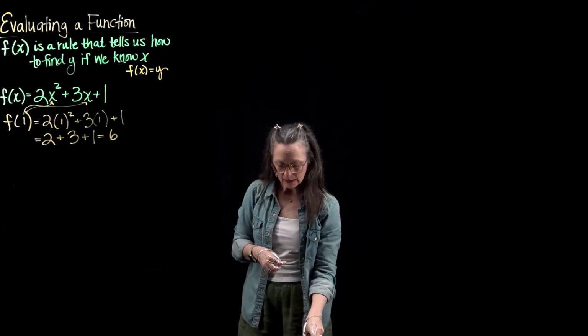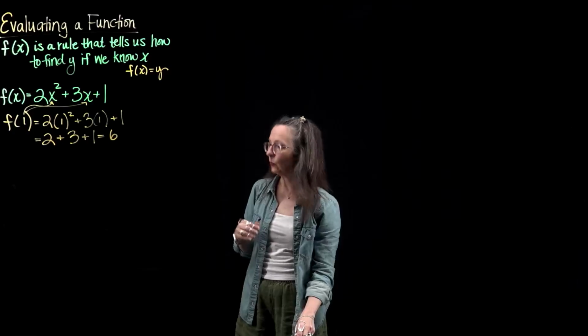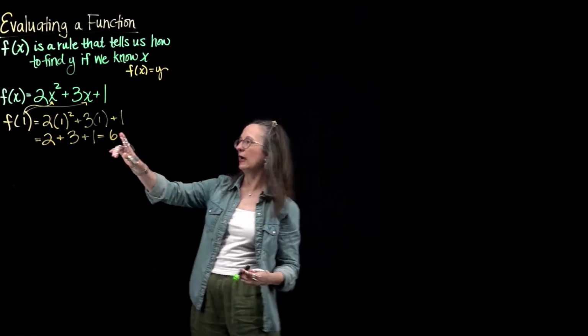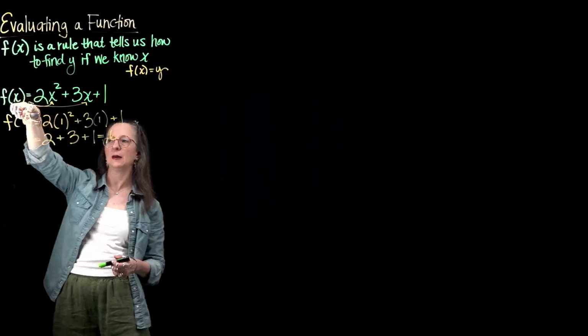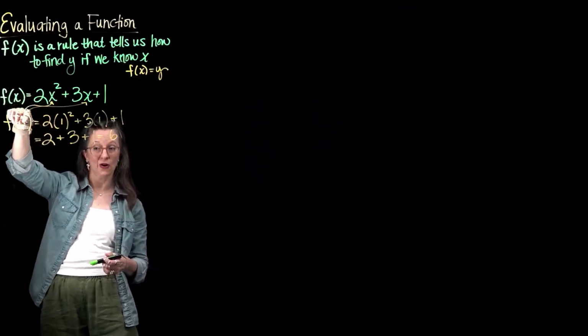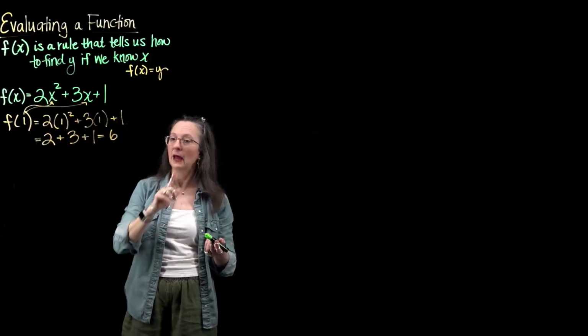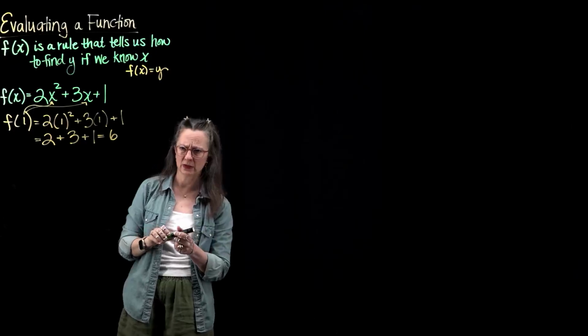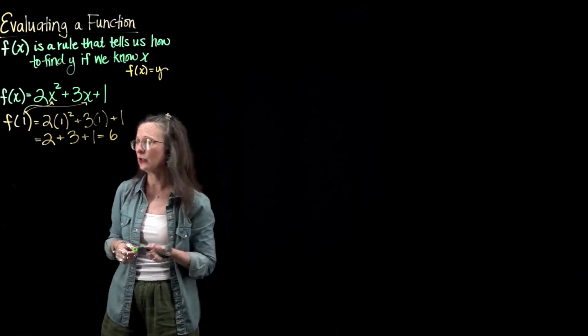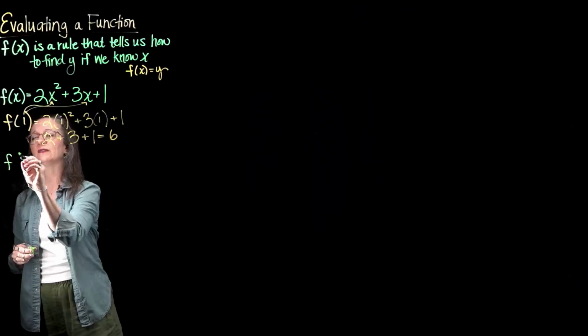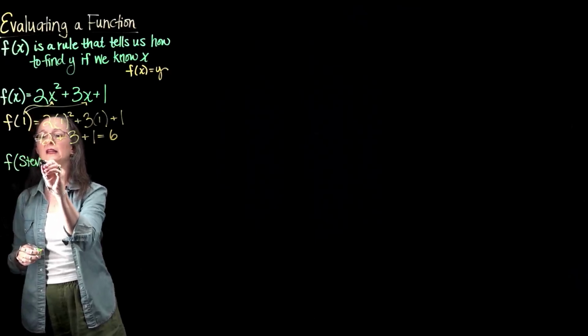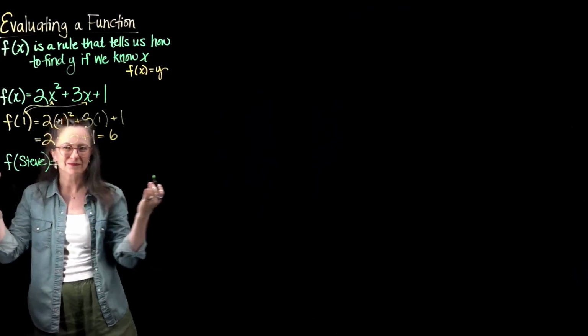The important thing to remember is that whatever we have inside that parentheses, the argument of the function, goes in place of the variable. I have a silly way I like to remind students of this, so I'll show you mine. If I wanted to find f of Steve, oh, well, that's silly, right?